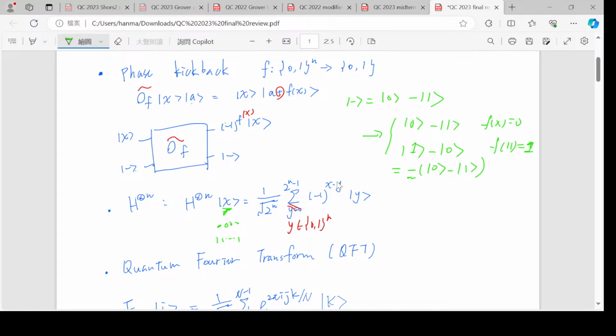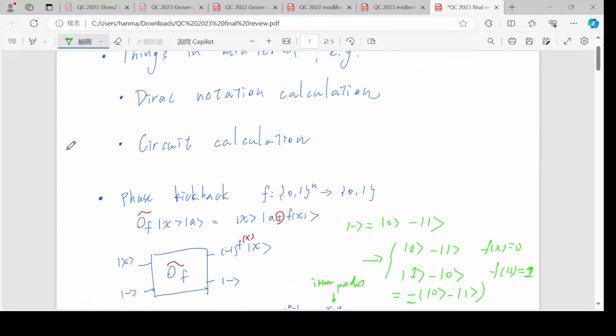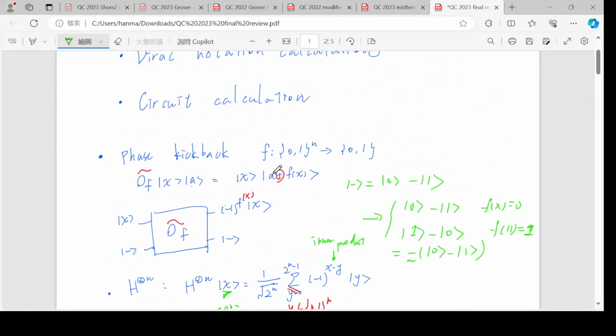The information about x is turned into this phase: minus 1 to the x dot y, where this dot is the inner product. You have n bits here and n bits here, and you take the n-dimensional inner product modulo 2. So that's H to the n, something nice to remember. That's the basics about the algorithms.